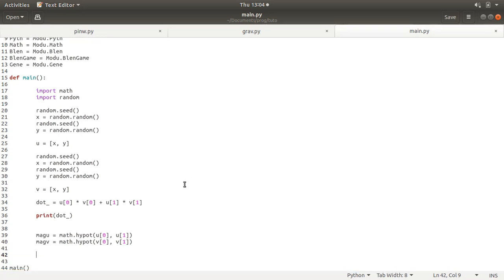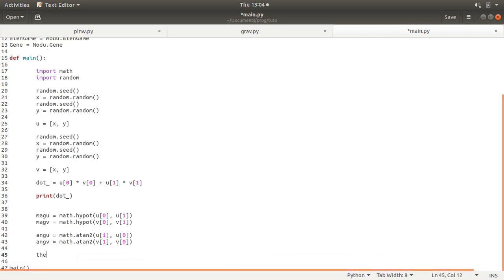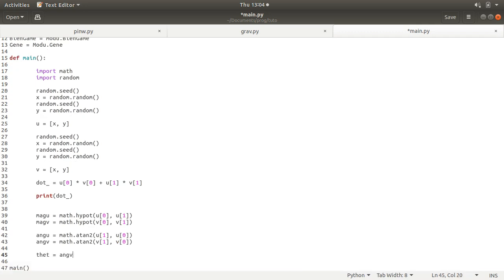Angle of u is equal to math dot atan2, and you put y first, then you put x. Angle v is the same. Then I'll get theta, angle v minus angle u.